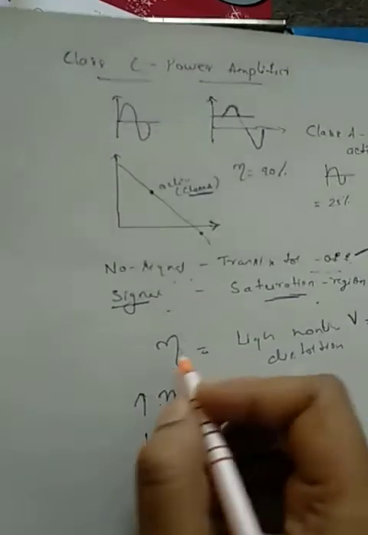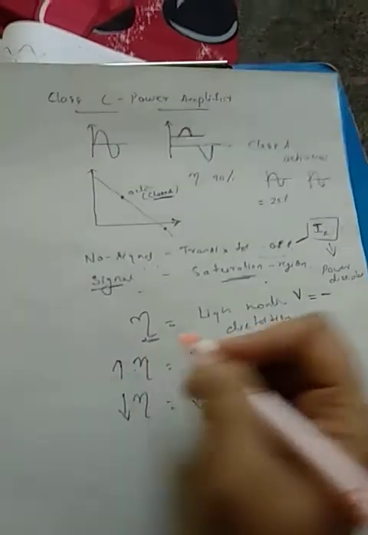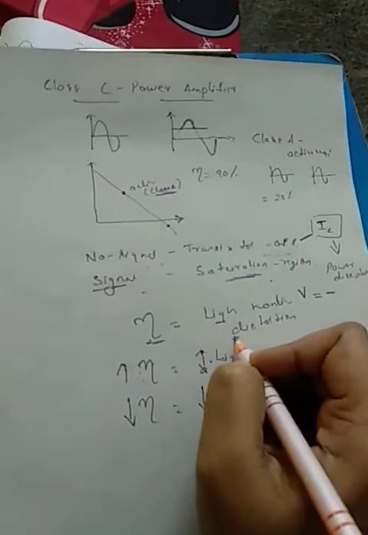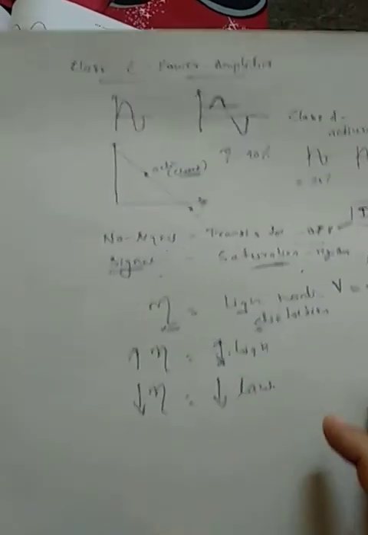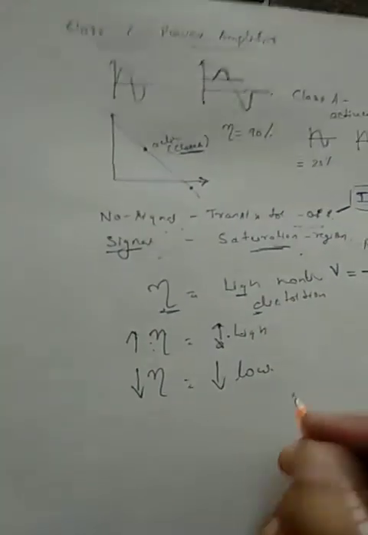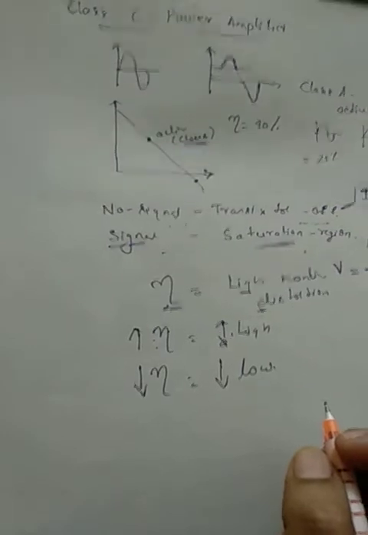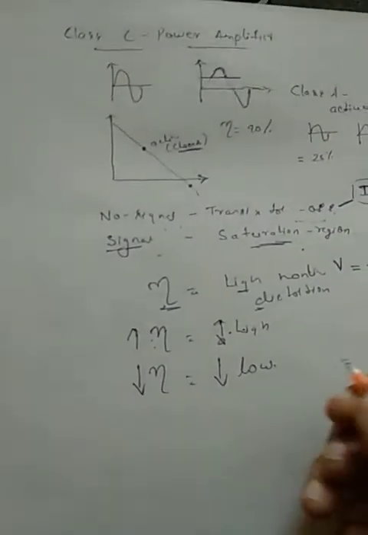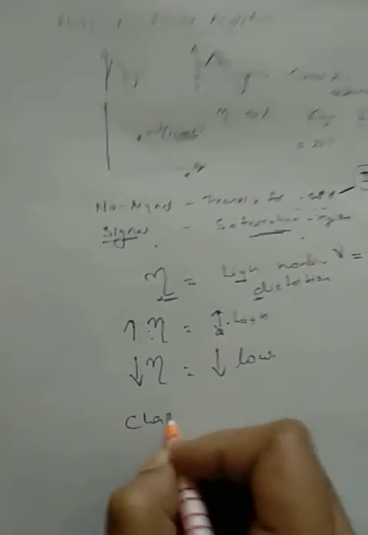Since the class C amplifier has a good efficiency but a high nonlinear distortion, to overcome this the class C amplifier is connected through a low pass filter, LPF, at the output side.